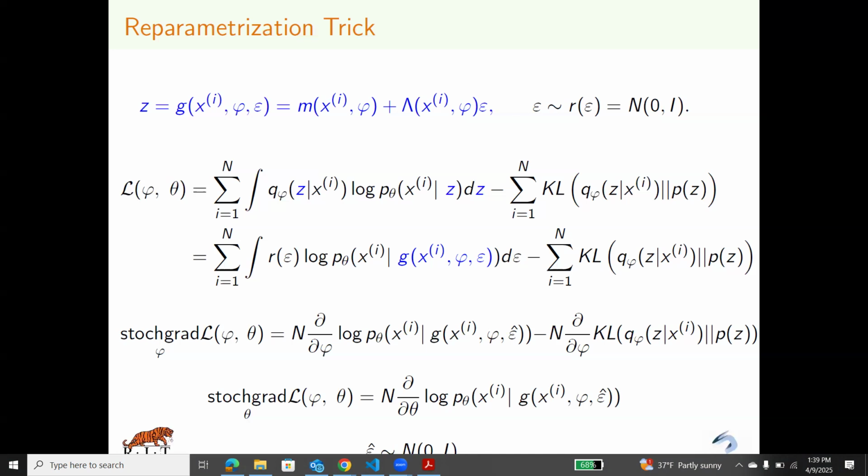Now you can sample standard normal variables and take the derivative with respect to the parameters of your neural network, because this m and lambda are no longer sampled numbers. Only epsilon was sampled. So this is called the reparameterization trick.